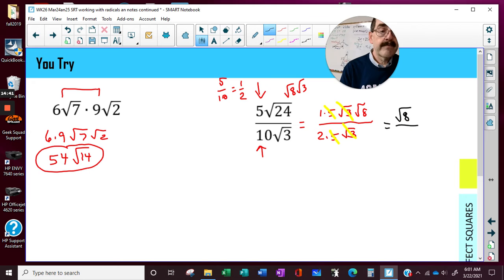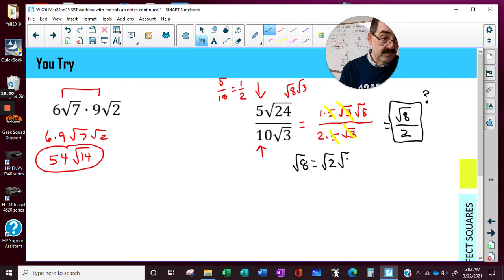Radical 8 over 2. Can't go any further. Radical 8 is its own little beast, isn't it? What's that? You went further? Radical 8 is the radical 2, radical 4, let's just put that over 2, over 2.